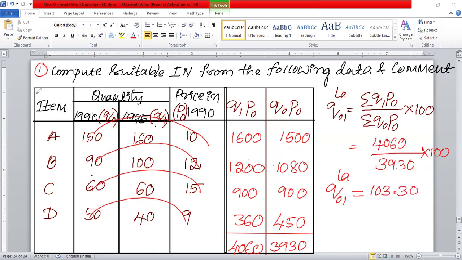So 103.30 is the answer. Now we are able to write the comment on the result.